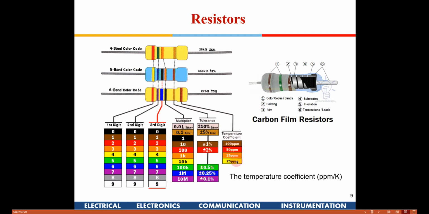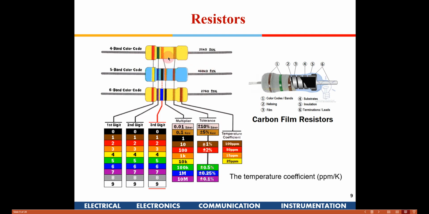So with each degree change of temperature, how much the value is going to change will be specified. But these are for specific cases where it's very critical; generally 4-band or 5-band will be good enough for us.